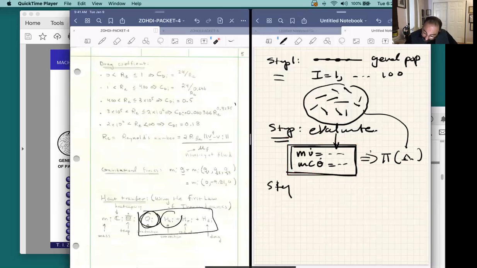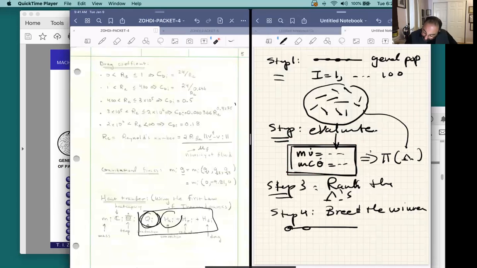Okay, so once you do this, you get a score for each one of those designs, and you then rank them. So step 3, rank the lambdas. Step 4, breed the winners. You take your best designs, and we went through this last week, and you combine them and produce hybrid designs or children, okay?